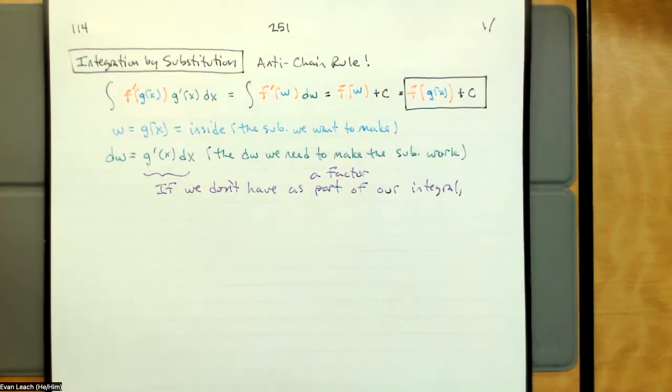If we don't have this dw as a factor of our integral, then our substitution is not going to work.